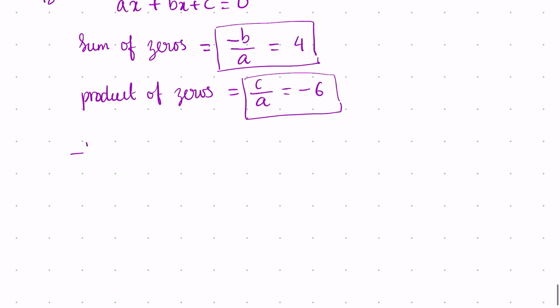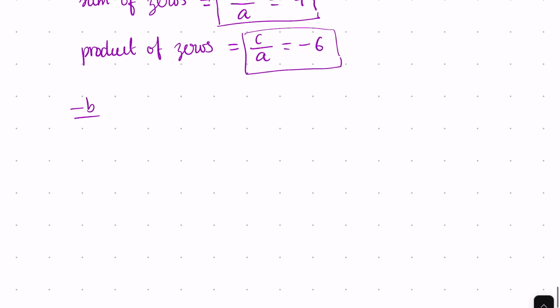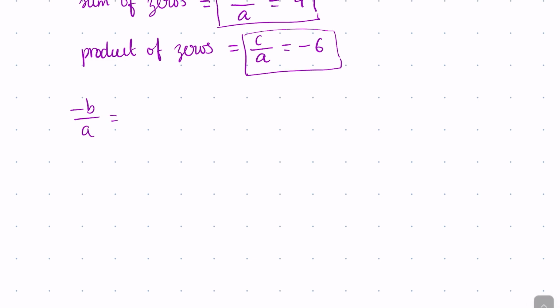So minus b by a is equal to 4, and the other equation is c by a is equal to minus 6. So b is equal to minus 4a and c is equal to minus 6a.